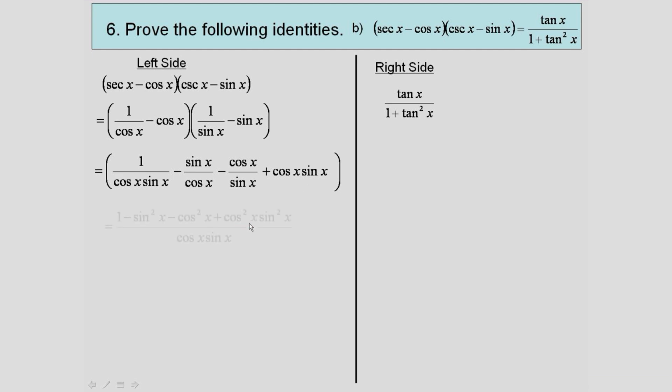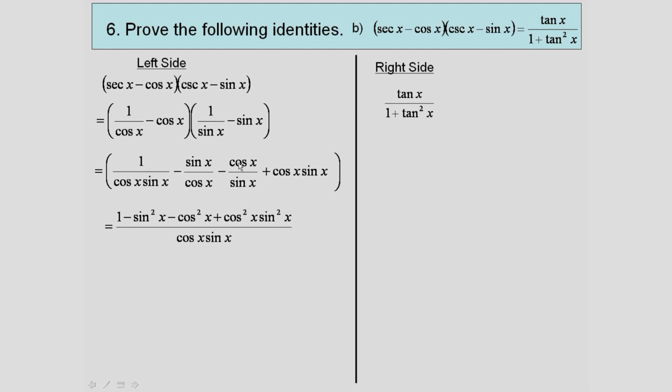Okay, so here's what it's going to look like. Let me just explain this. The 1 is already over cos x sine x, so there's your 1 right there. In order to get cos x sine x for this denominator, we need to multiply it by sine x. So we multiply the top by sine x as well, giving us minus sine squared x. This denominator needs to be multiplied by cos x to get this denominator.